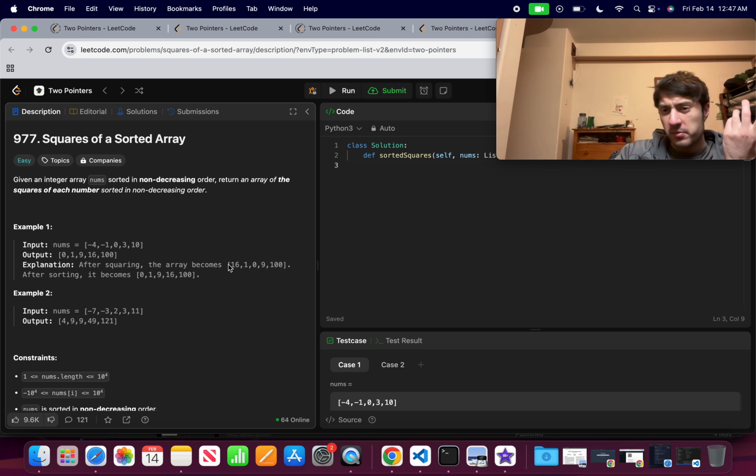If it is, I swap. And then I check if this number is bigger than the 1 that I just swapped with, and it is, so I swap again. So now I have 0, 16, 1, which is not correct.